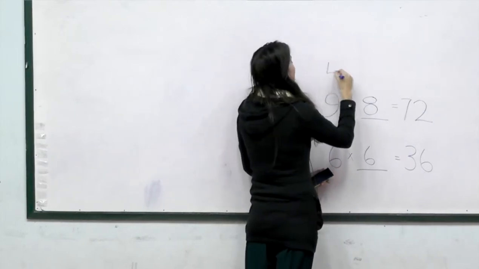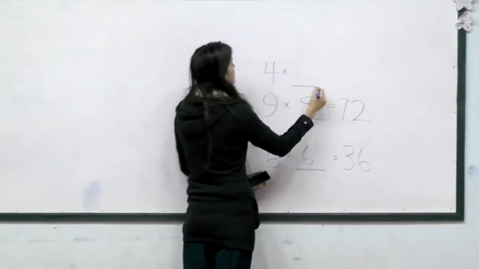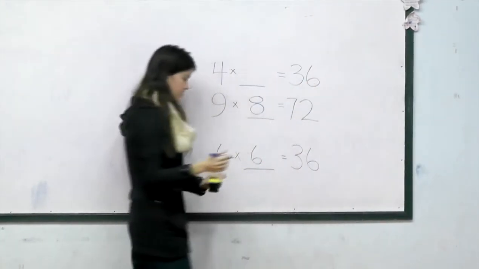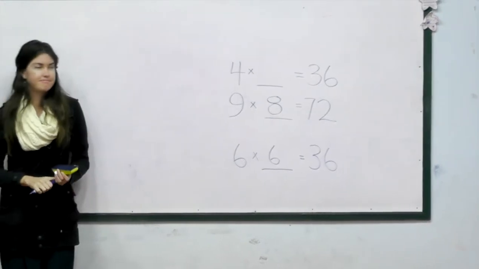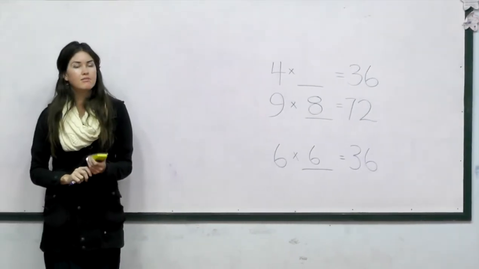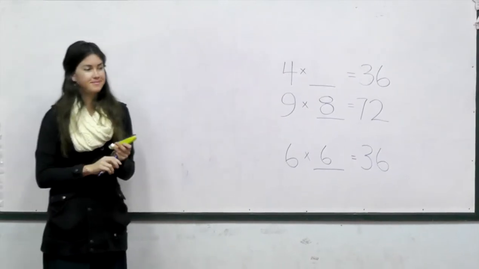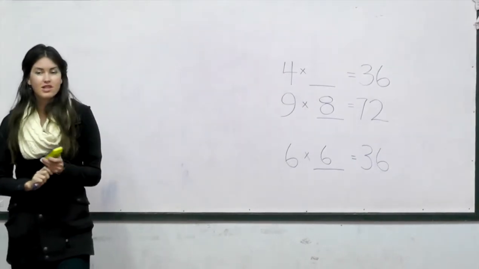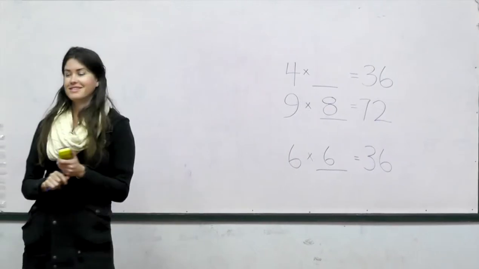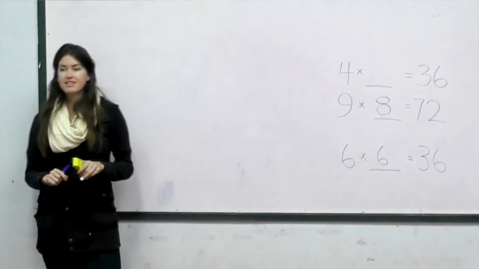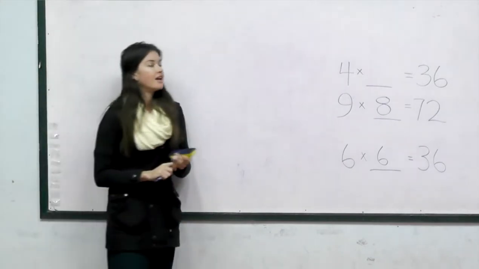Good. Okay, 4 times what gives us 36? It's a tricky one. I'm going to give you a clue.